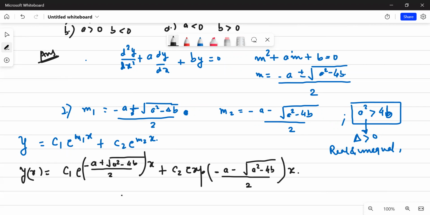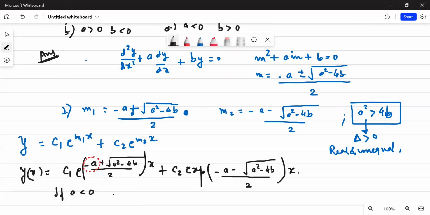Okay. Now, if a is less than 0, then this part will become positive. The part that I am showing you right now will become positive. And positive plus positive will be positive.